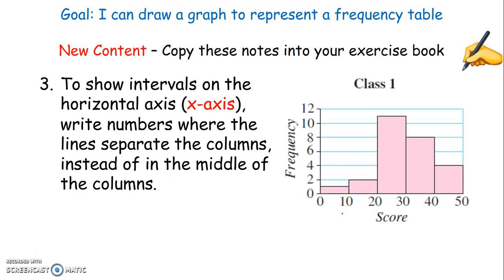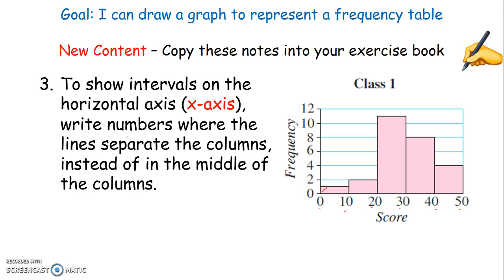In this one, the numbers 0, 10, 20, 30, 40, 50 are where the lines separate the columns, so not in the middle anymore. This is because they show us an interval.